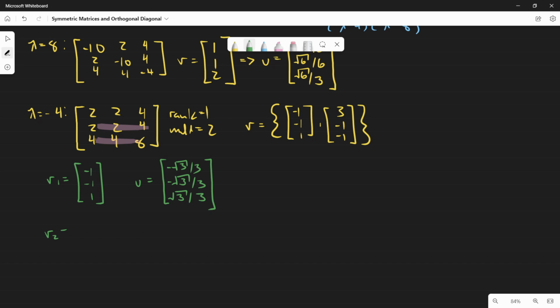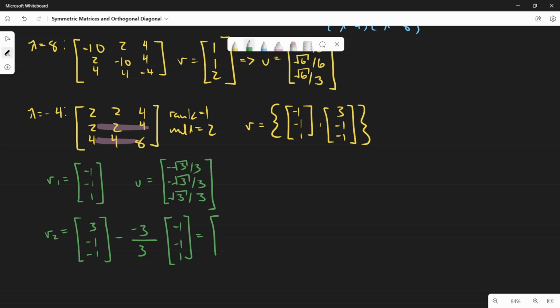And so our second one, remember, we have to use the Gram-Schmidt process, so it is the second vector, and then subtract the dot product between the second and the first, so this will give us negative 3 times the magnitude of the first, which would be just 3, and then multiplied by the first, so it'll be negative 1, and 1.